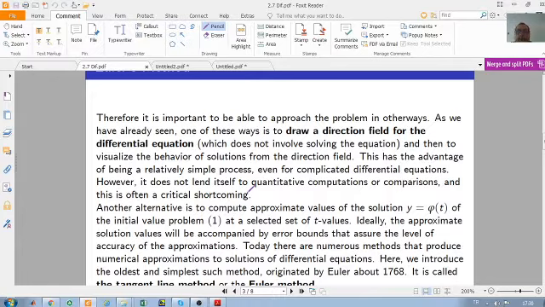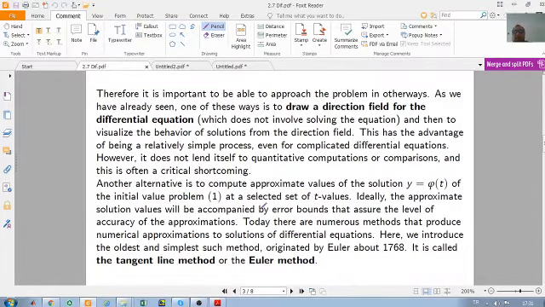This has the advantage of being a relatively simple process even for complicated differential equations. A direction field is a way to see mainly the behavior of solutions. However, it does not lend itself to quantitative computations or comparisons, and this is often a critical shortcoming.